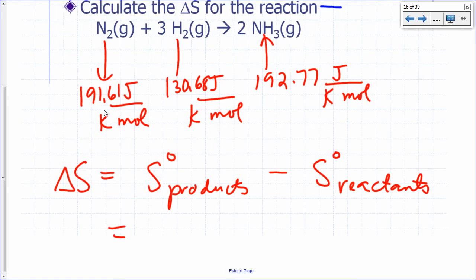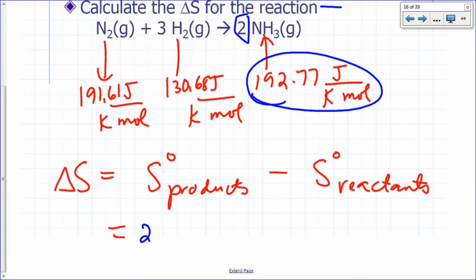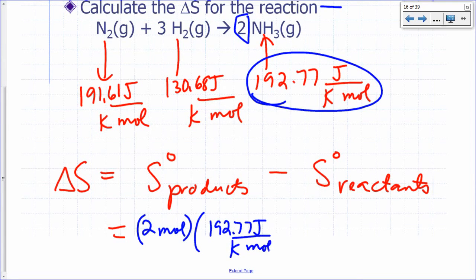What's our product? Ammonia. We have 2 moles of ammonia times 192.77 joules per Kelvin per mole. That's the entropy of your products.